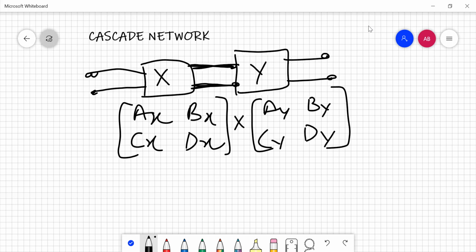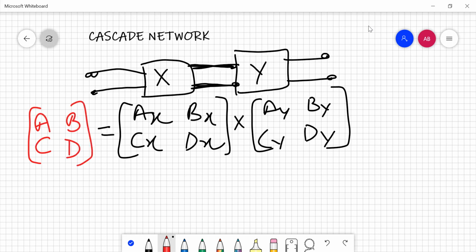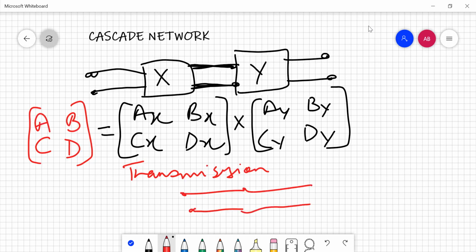You all must be knowing the matrix multiplication to find out the total ABCD parameters of the combination. And these are mainly used for transmission lines because they are very long and they need to be in cascade one after the another for the long transmissions that we have to do. So that is why we always use and call them as the transmission parameters also.